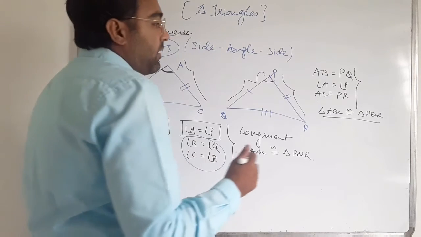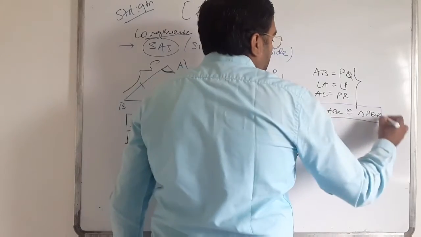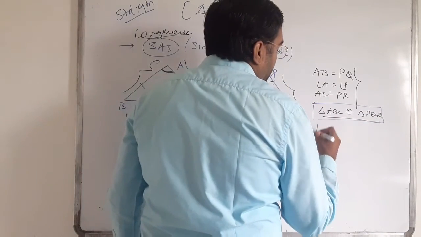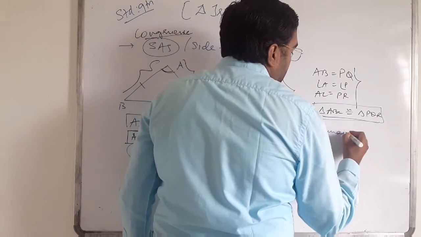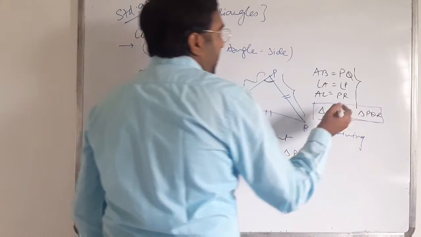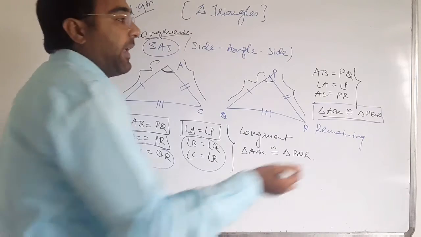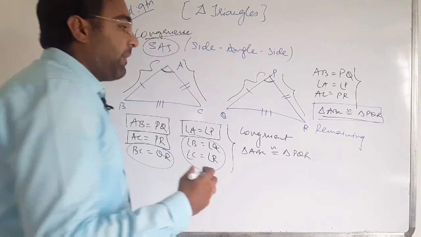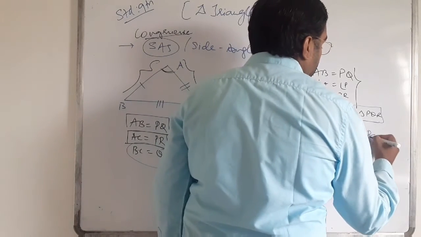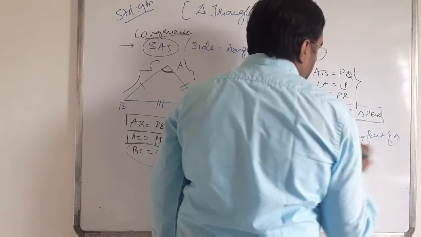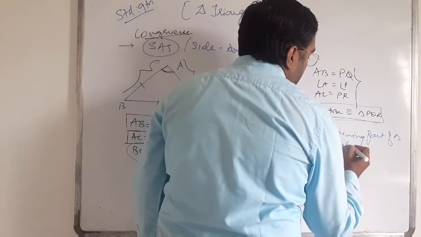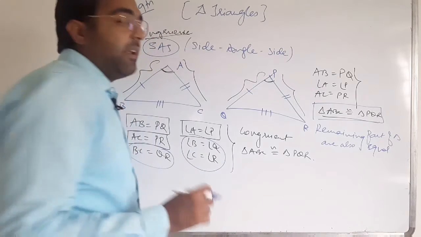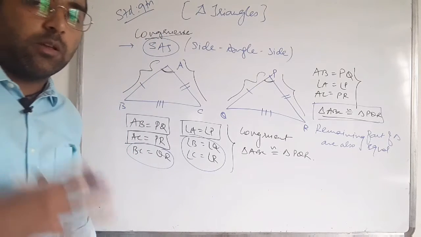If both triangles are congruent, then we also write that the remaining parts of the triangles are also equal.